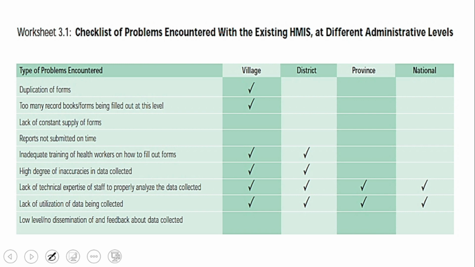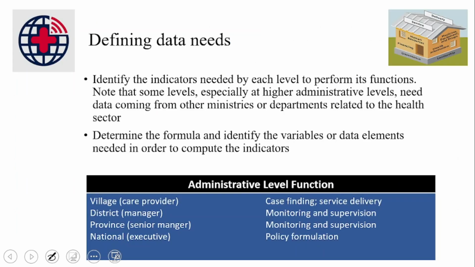This can be done at the level of a village, a district, a province, or a nation, and you can develop checklists around this: whether there is any duplication of forms, whether too many forms are being collected, taking up too much of the time of the health professionals. You can look up this list; it is available in the WHO document.